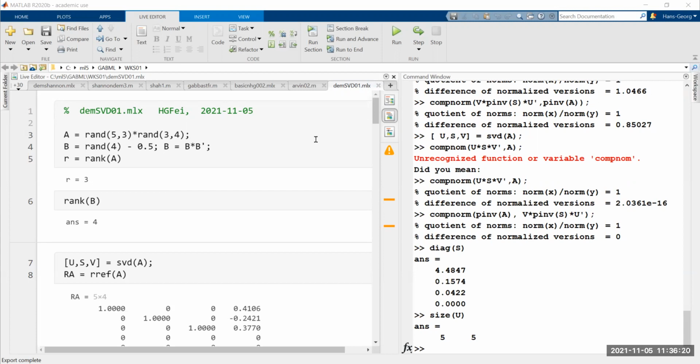The first one applied maps from R4 to R3, the second from R3 to R5. Overall the composition maps from R4 to R5, but since it goes through a three-dimensional space, it will have rank at most 3, and because it's random, with probability 1 it will be rank 3.